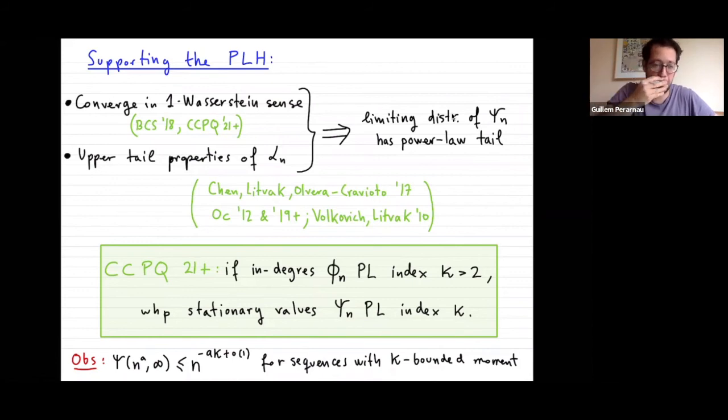Maybe there's some intuition about it, I'm not sure I have it, but it says that if you want to maximize the stationary distribution, and I tell you that you should have a bounded kappa moment, then the distribution you should choose for the in degrees is the power law.